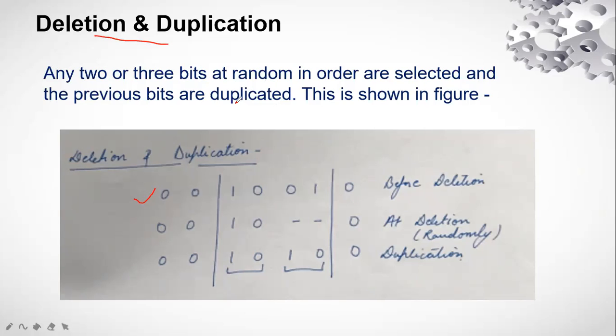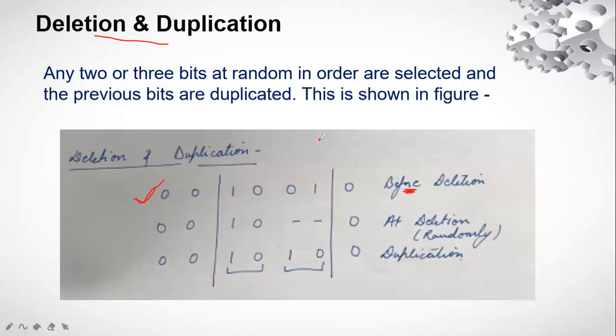After selecting the two random sites, I'm going to delete any 2 or 3 random bits, and I'm going to duplicate the earlier or previous bits. Let's see how. This is the string of chromosome which I have selected to apply the deletion and duplication operator on. So this is the one before deletion.